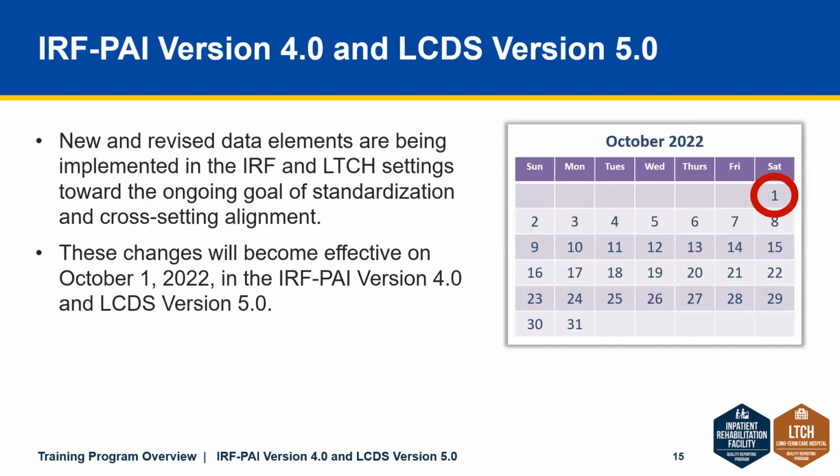So what does this mean in relation to the IRF-PAI version 4.0 and LCDS version 5.0? Well, new and revised data elements are being implemented in the IRF and LTCH settings toward the ongoing goal of standardization and cross-setting alignment, and these changes will become effective on October 1st, 2022, with the implementation of this new guidance.